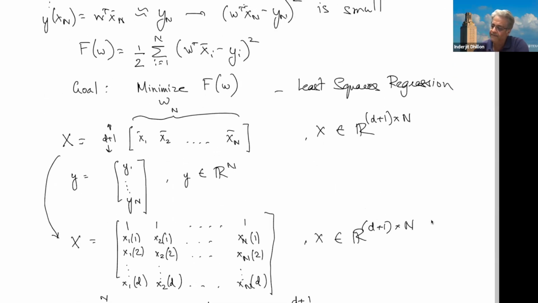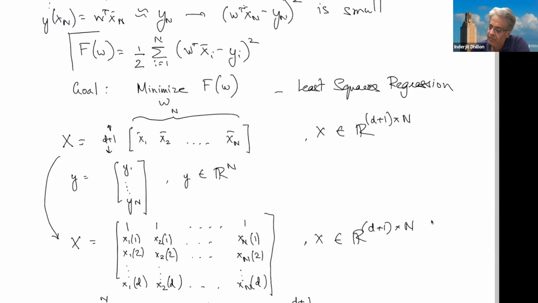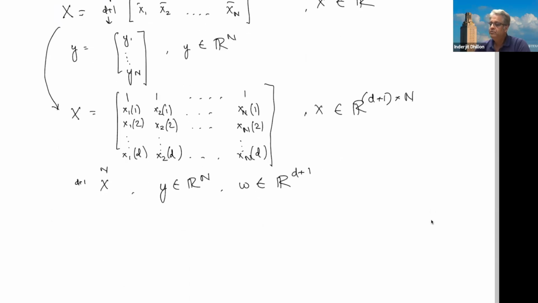Remember my objective. If I think about my matrix X, I can think of my prediction as taking an inner product between the column of X and W. So what I can do is take a transpose of X and write X transpose W. Now think about it, what is X transpose W?